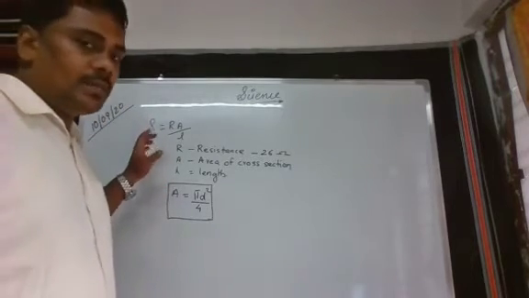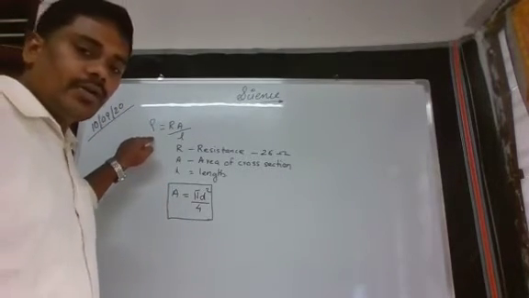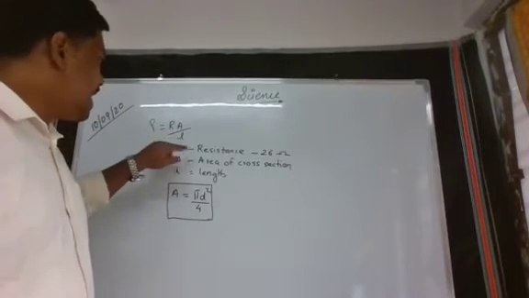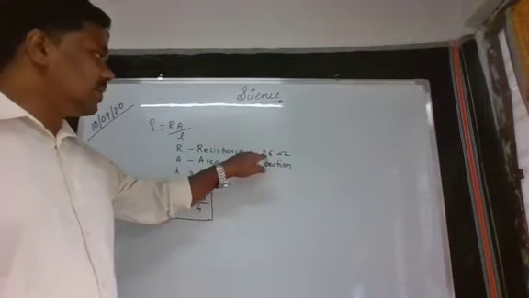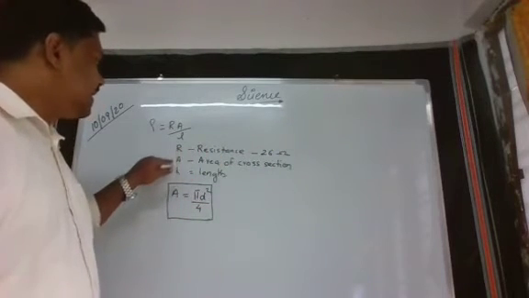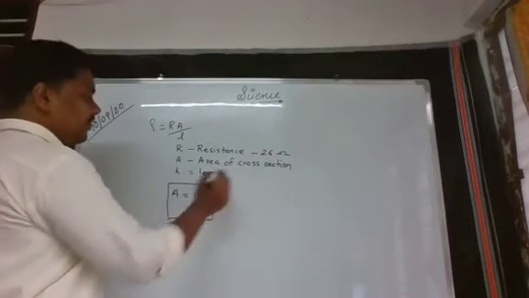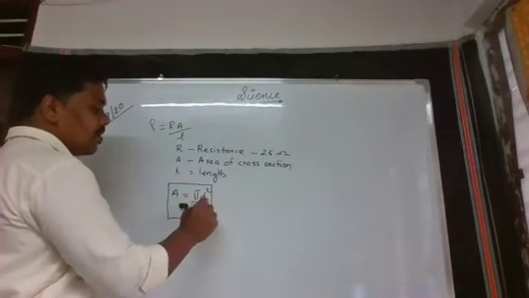We know that rho is equal to RA by L, where R is the resistance, given as 26 ohm, and A is the area of cross section. For finding the area of cross section, A is equal to pi d square by 4.